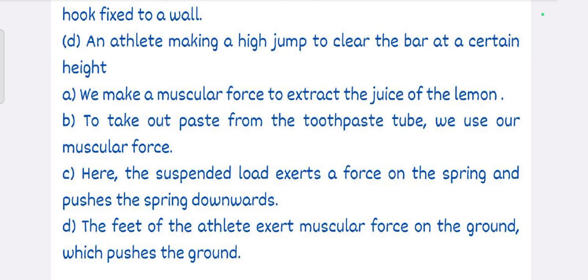Now we will write answer. Answer for the first one is, we make a muscular force to extract the juice of the lemon.